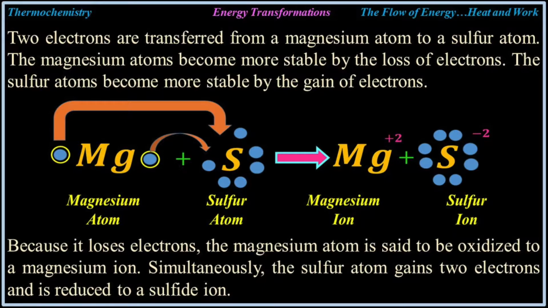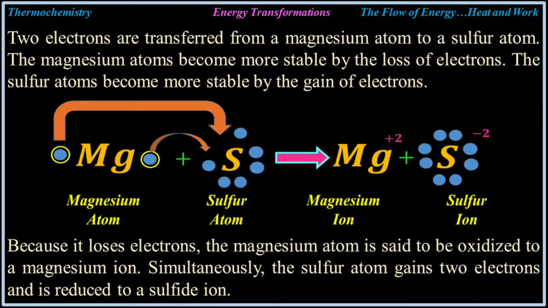The sulfur atoms become more stable by the gain of electrons. Because it loses electrons, the magnesium atom is said to be oxidized to a magnesium ion. Simultaneously, the sulfur atom gains 2 electrons and is reduced to a sulfide ion. So you can see the two electrons filling the outer level of the sulfur.